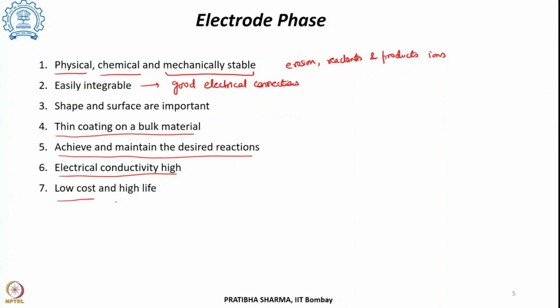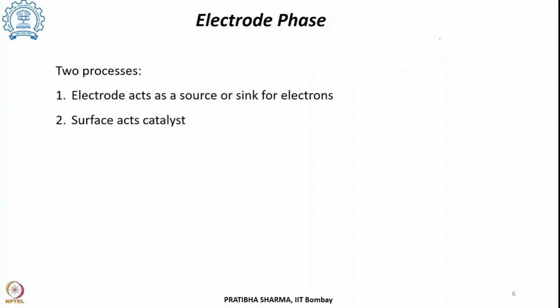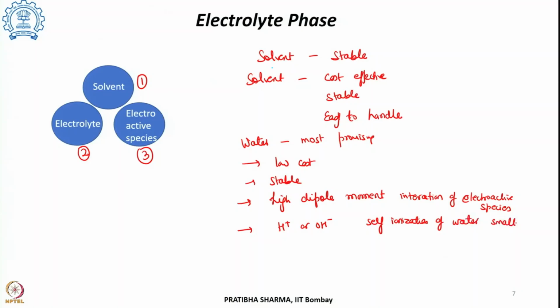The electrode should be physically and mechanically stable. What is the most suitable solvent that may be used in the electrolysis process? Water is the most promising solvent, easily abundant in the universe, low cost and stable. Water is a polar solvent, that's why a dipole moment is there.